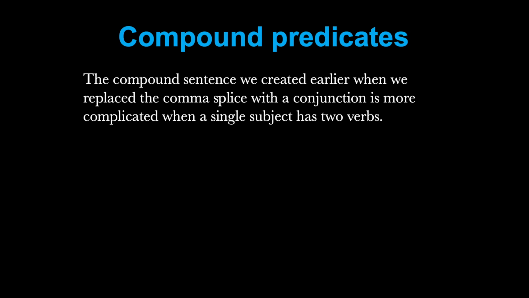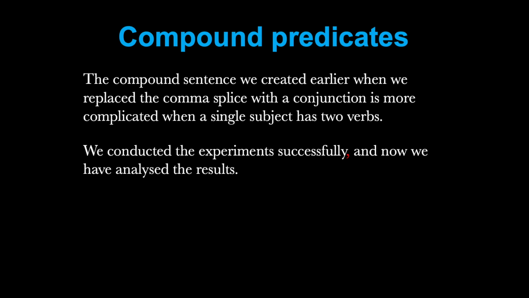The example we saw before was we conducted the experiment successfully, and now we have analysed the results. In that case, we have the subject of the sentence in the first part, we've got the verb conducted, but after the comma and after the conjunction and, we again have another subject, we, and again another verb, have analysed. So in that case, we have no problem with separating it with a comma.